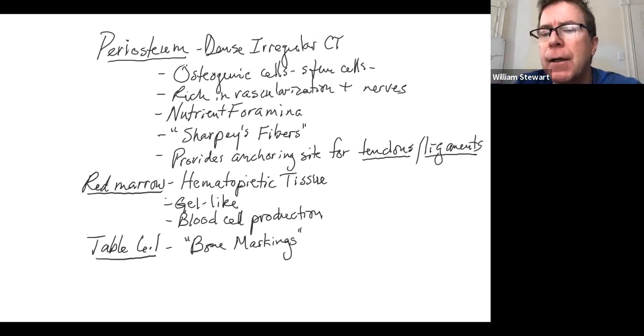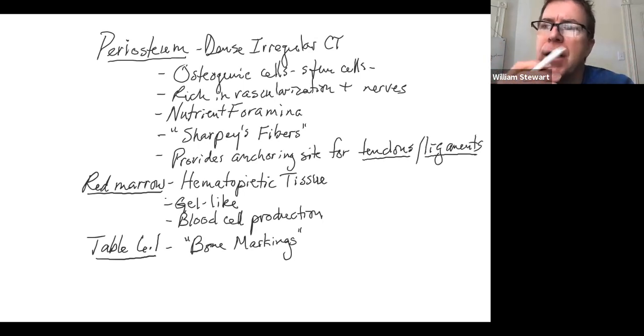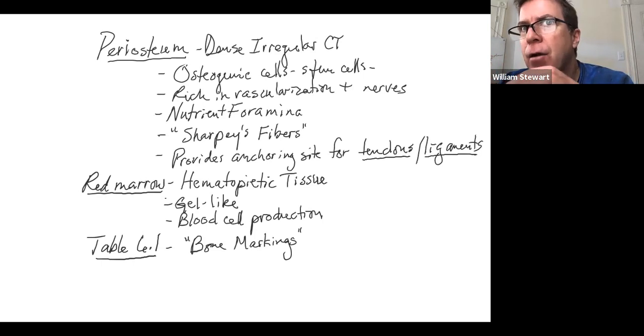Bone markings are just things on the surface of a bone, and they all have names. For example, if there's a hole penetrating through a bone that, say, a nerve or an artery needs to pass through, that's a foramen. Bones also have narrow, slender, long projections called crests. A trochanter is a big blunt projection. A tubercle is a smaller pointy projection.